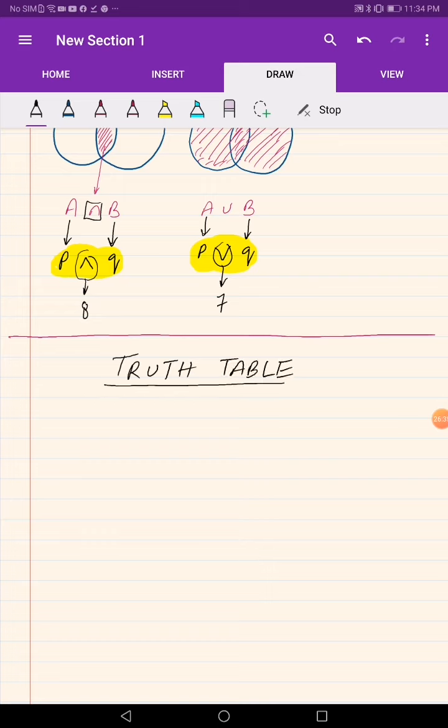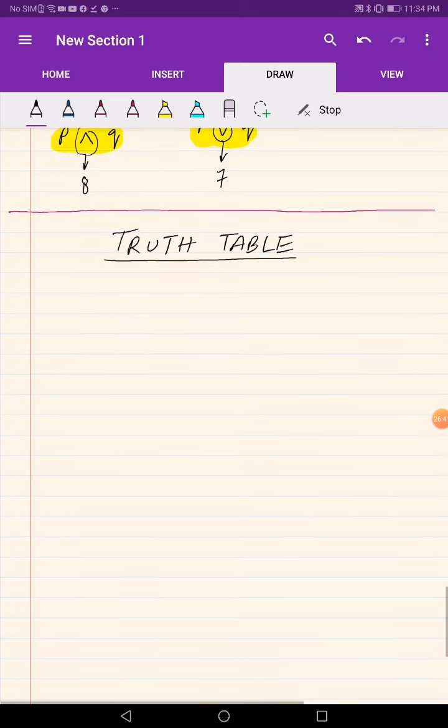Truth table. In the exam, if any question comes on statements, you can easily draw the truth table, which is very easy for you. We have a statement, statement number one, which is represented by P. Second statement is Q. Now what are the three operations, how do we join them together? First one was my conjunctional statement.